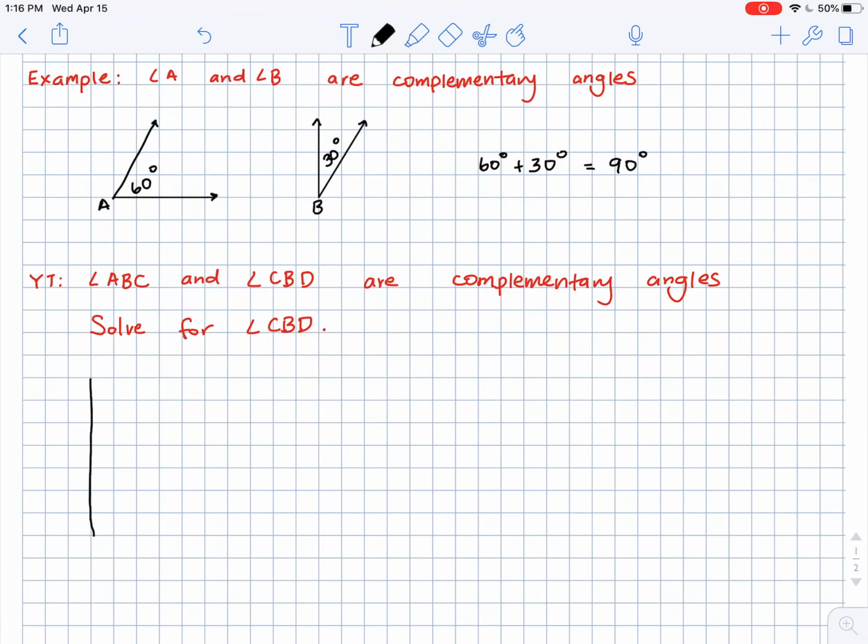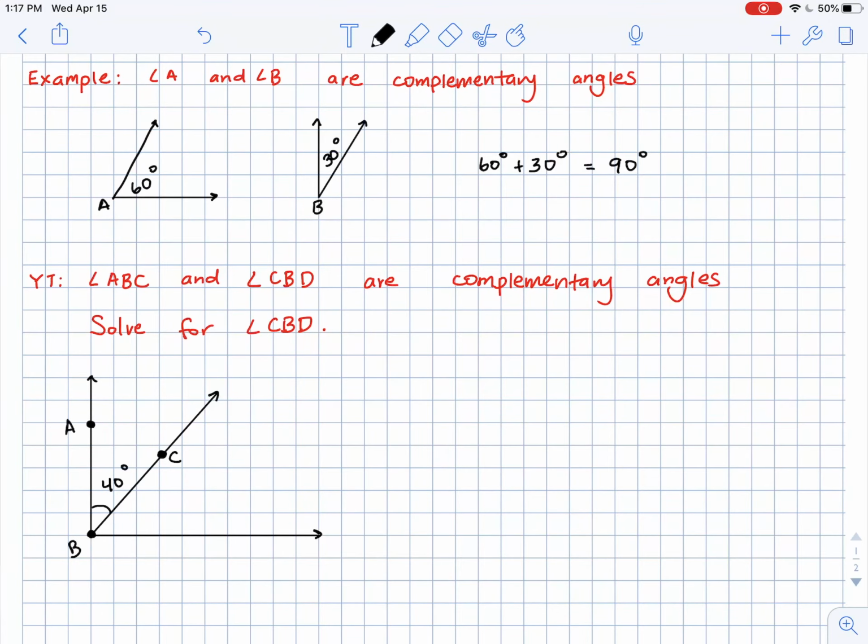Okay. So this notation may be new for some of us. So we have angle A, B, C. Okay, let's say that this is 40 degrees, the measurement of angle ABC.